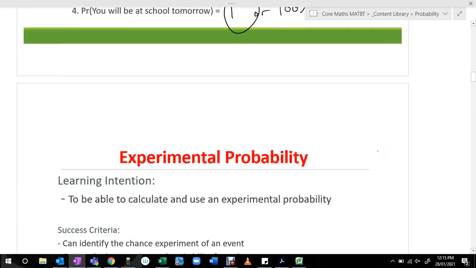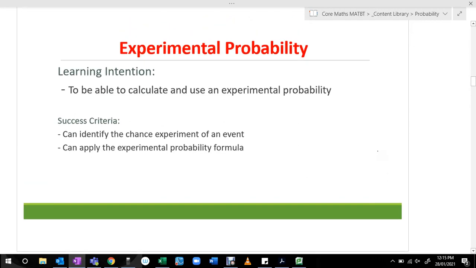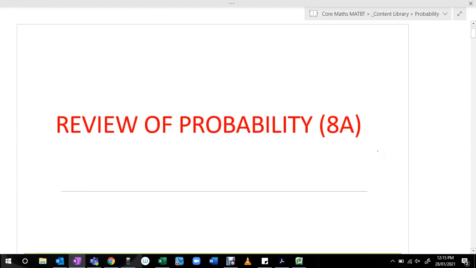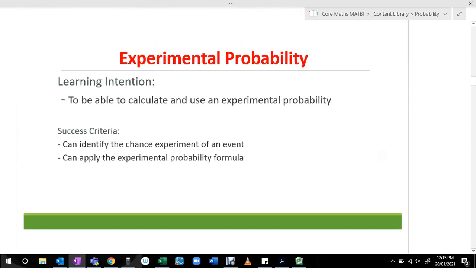So let's keep going. That's basically what we learnt about with theoretical. Oh, no, actually, that would be just a review. Let's keep going. For this part, what we're trying to learn is what is an experimental probability.